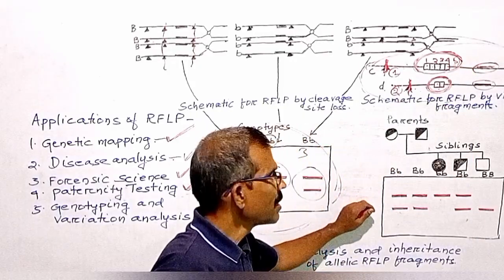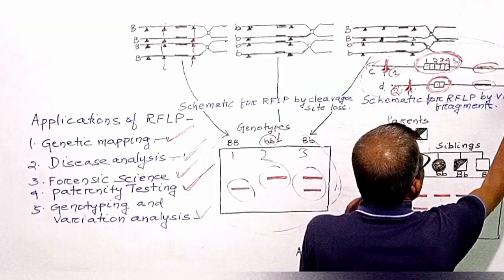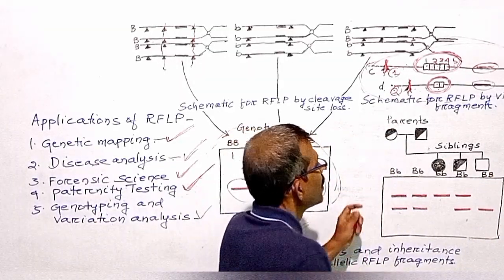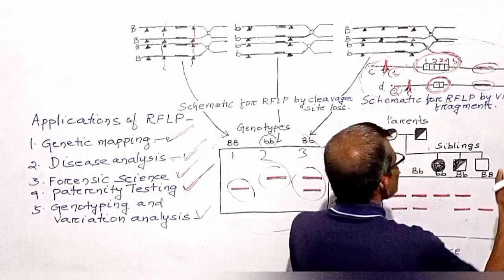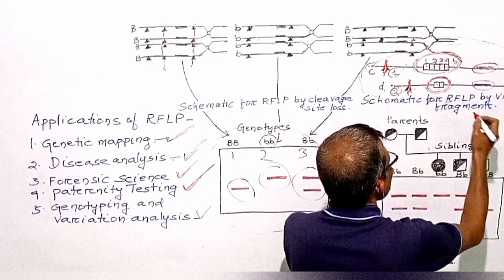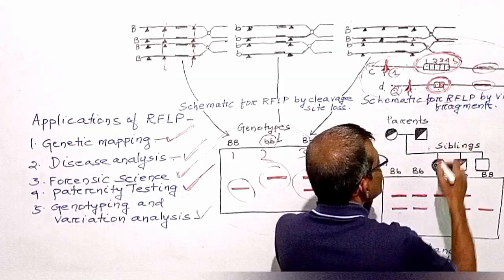On the other hand, for sample 2, these are the recognition sites at which the restriction enzyme will cleave, and this is the region that will bind to the probe. In sample 2 DNA, VNTR contains only 2 repeats.